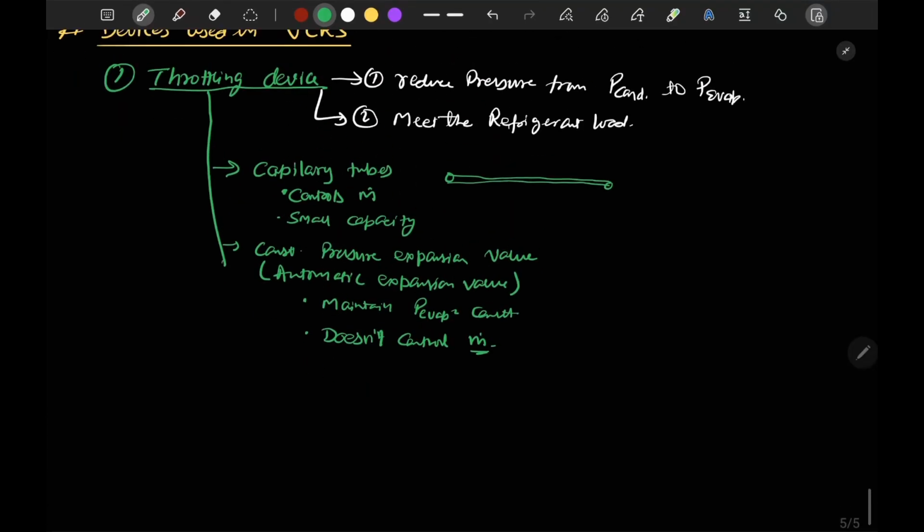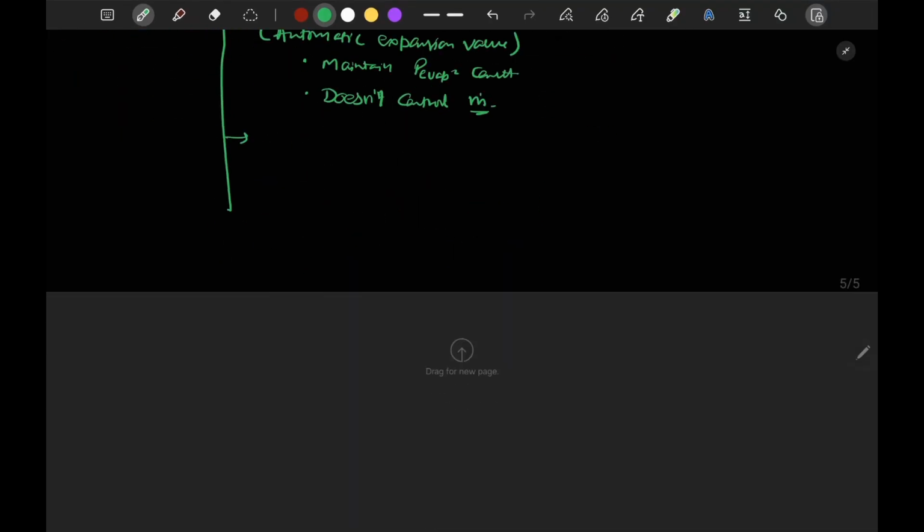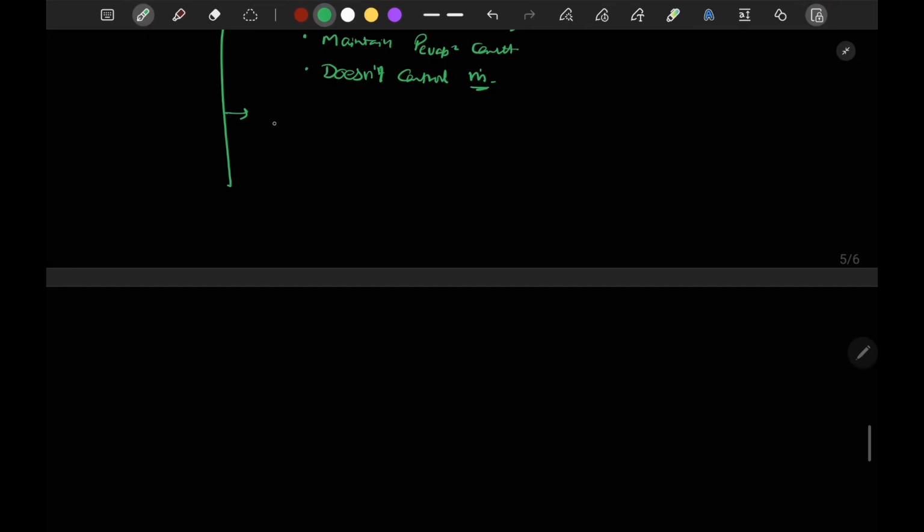Next, the third type of throttling device is the thermostatic expansion valve, also known as the TX valve.